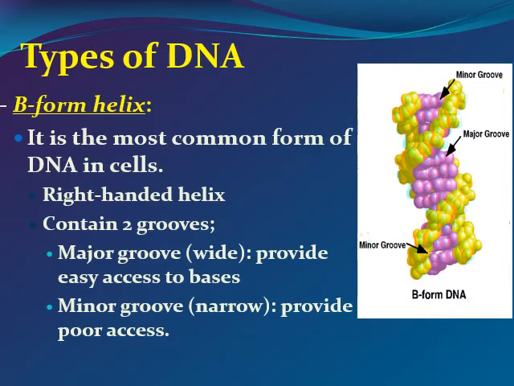It is the most common form of the DNA in the cells. A right-handed helix containing two grooves. The major groove is wide and provides easy access to the bases. The other groove, the minor groove, is narrow and provides poor access to the bases.